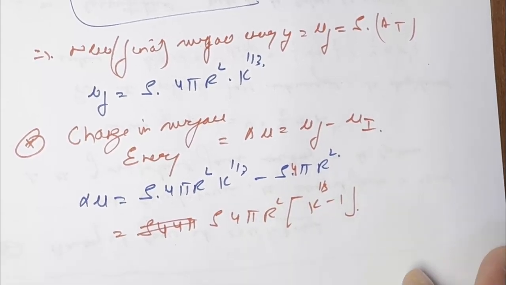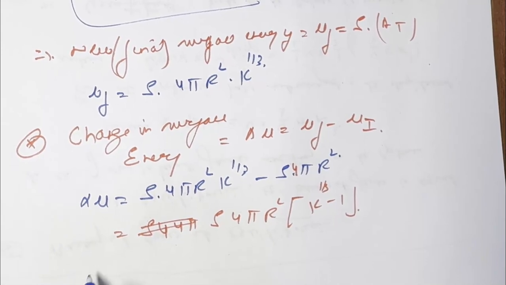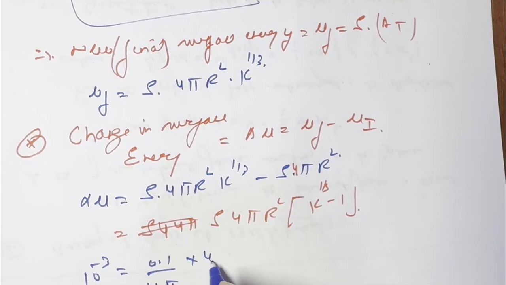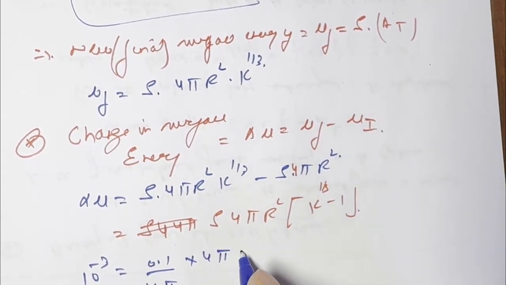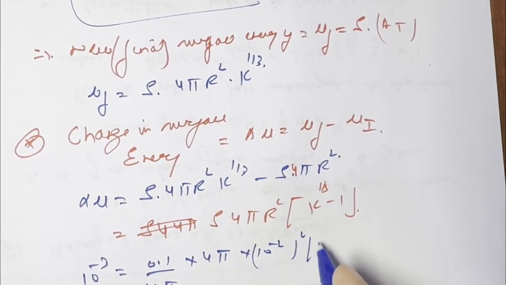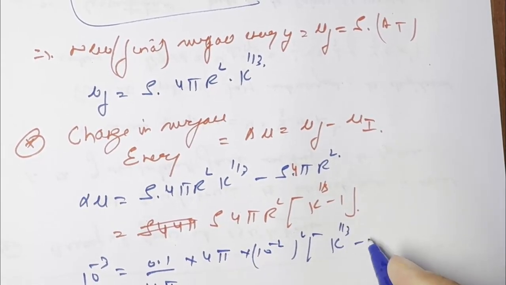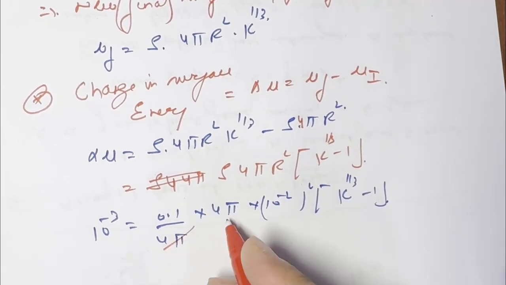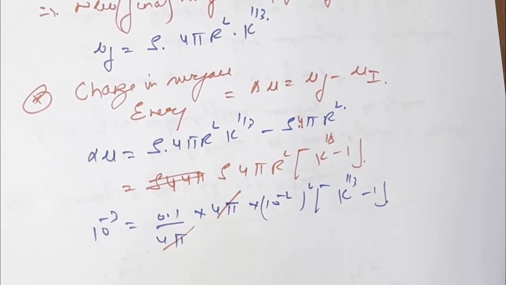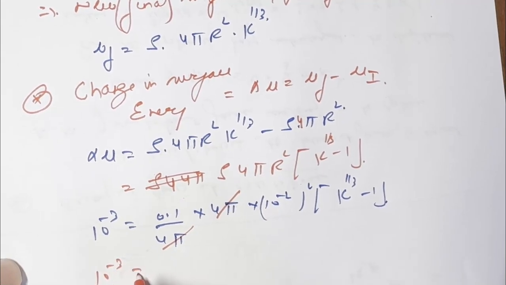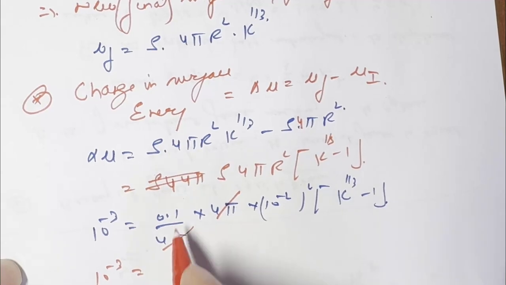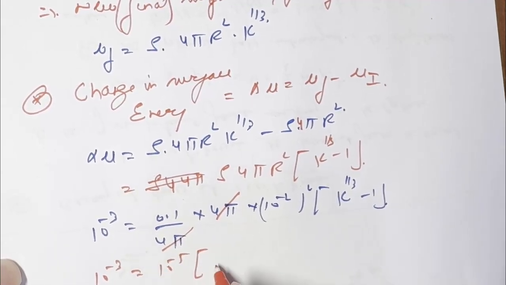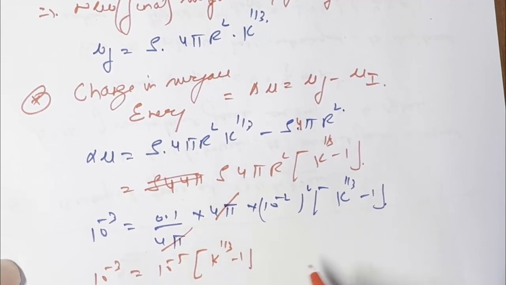Now we substitute the values. The change in energy is given as 10 to the power minus 3, and we have S as 0.1 divided by 4 pi, multiplied by 4 pi, and the radius is given as 10 to the power minus 2, whole square, and this becomes k to the power 1 by 3 minus 1. 4 pi goes with 4 pi, and we are left with 10 to the power minus 3 equals 10 to the power minus 5 times k to the power 1 by 3 minus 1.